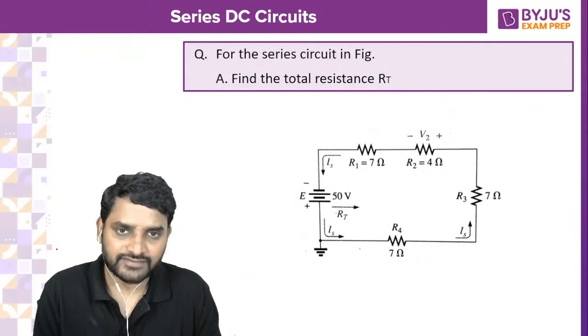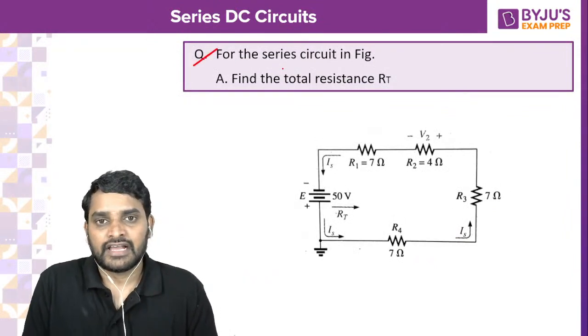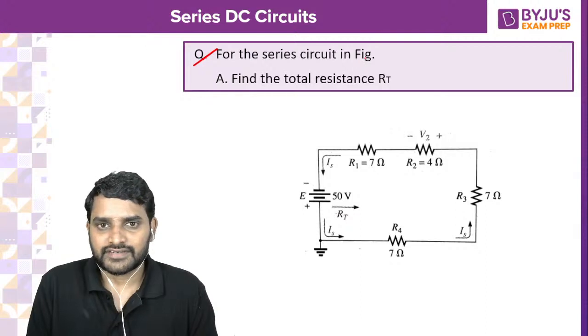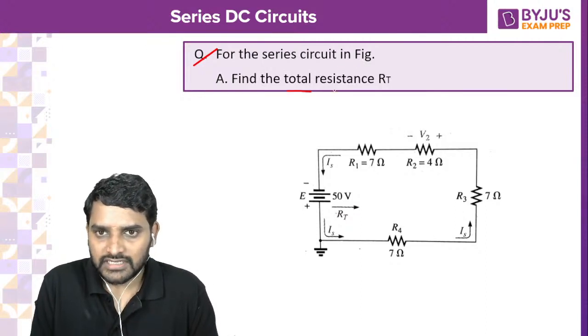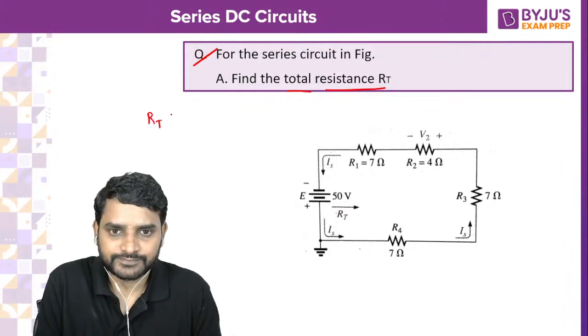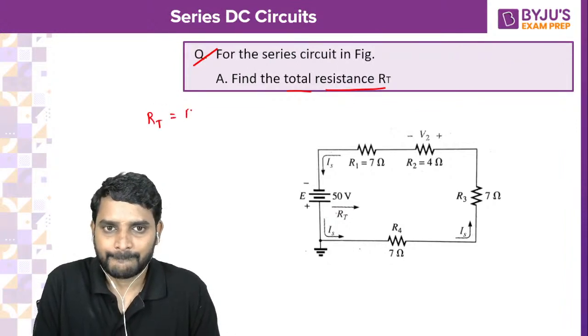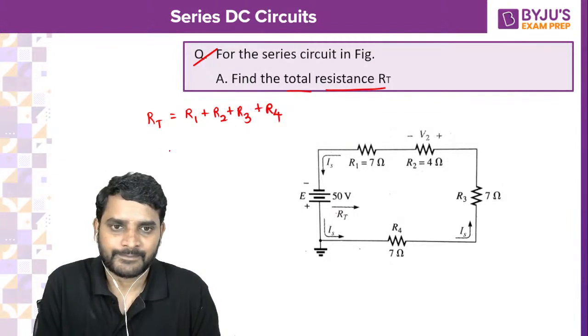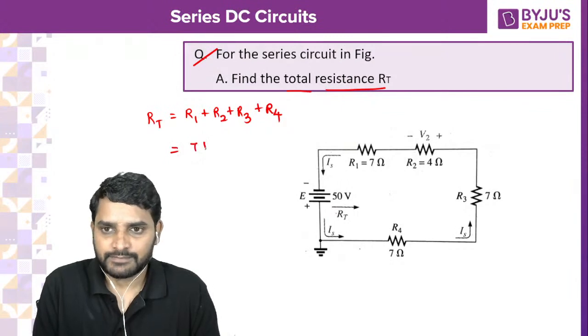Look at this one. Can you tell me the answer for this one? For the series circuit shown in the figure, find the total resistance. Can you tell me what is the total resistance? Seven plus 4 plus 7 plus 4.